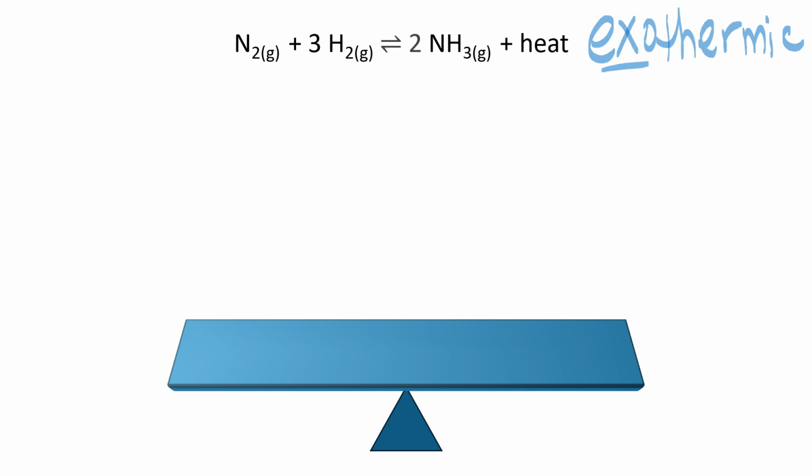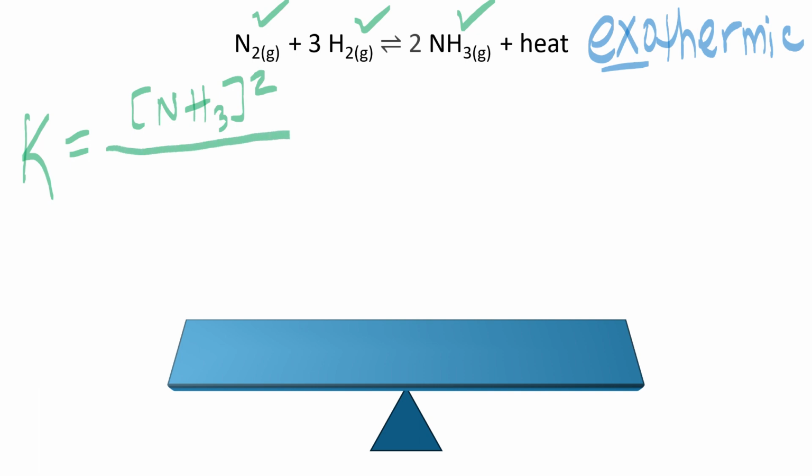Think about what changes can be made, how it affects your system at equilibrium, and then that determines how that system would shift. So here we have this homogeneous equilibrium. I'll go through and still show the equilibrium expression just to make sure you're good with that. So our K is still products over reactants. Because everything is in the gas phase, everything would be included. So we only have that one product, NH3, but that 2 is a coefficient, which tells me that I have 2 of them, so I have to show that as my exponent.